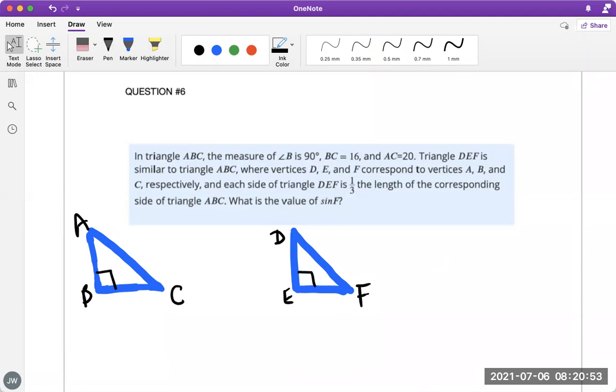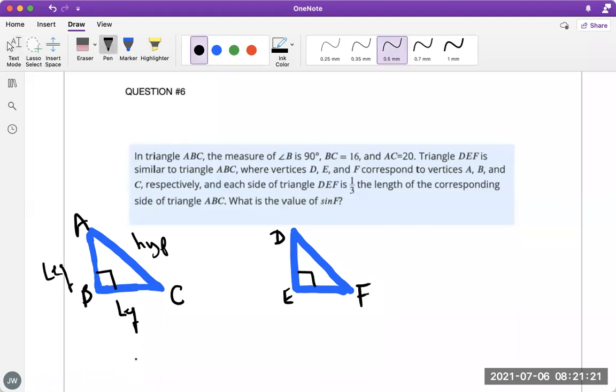Its angle at B lets us know that AC, our longer side, is going to be our hypotenuse. I'm just going to write HYP for that. That's the hypotenuse of triangle ABC, and with that being the hypotenuse, AB and BC are our legs.